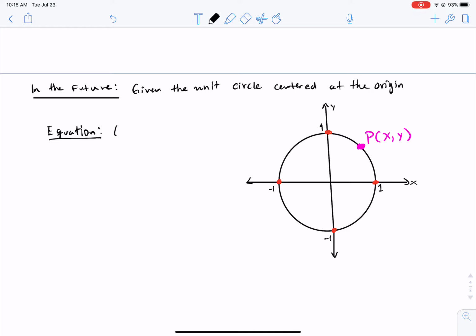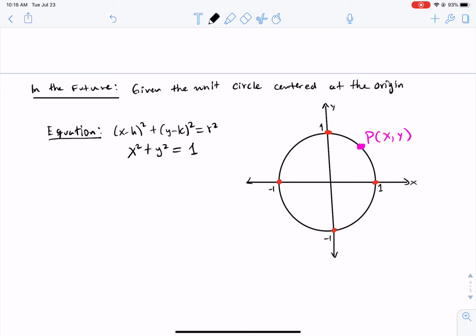Well, x minus h squared plus y minus k squared equals r squared. But because I'm telling you that this is a unit circle, the radius will be 1. And what is the center for this one? 0, 0. The origin. So this equation here will just be x squared plus y squared equals 1. This equation is what we call a Cartesian equation, because it just tells you the x and y relationship, right?